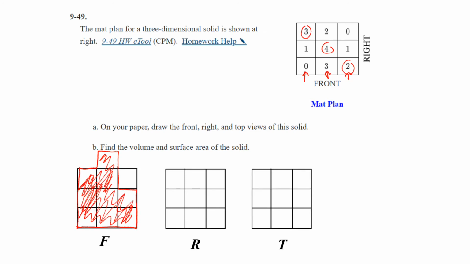On the next one, we're going to look from the right, and we'll look at this bottom row here. The highest is 3, so we'll go up to 3. On the next one, the highest is 4, so we're going to go up 4. And then on the top one, the highest is 3.